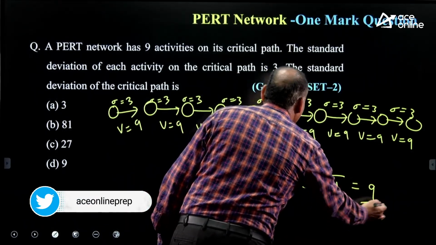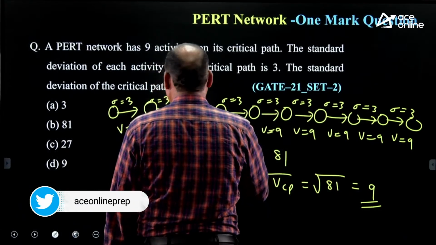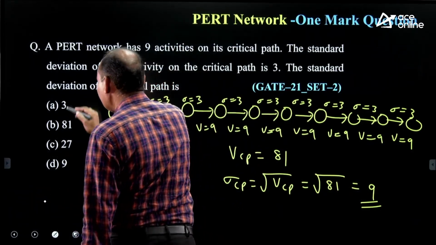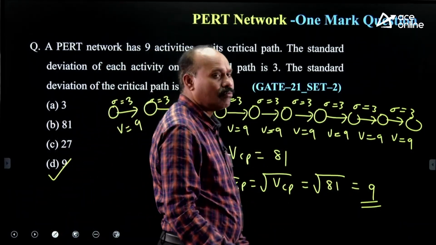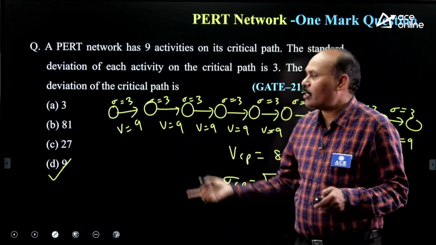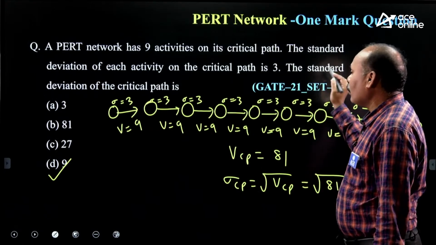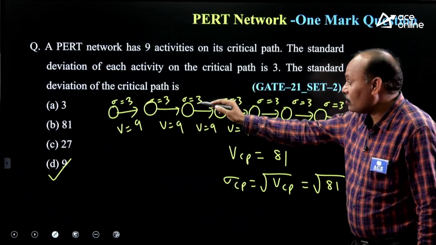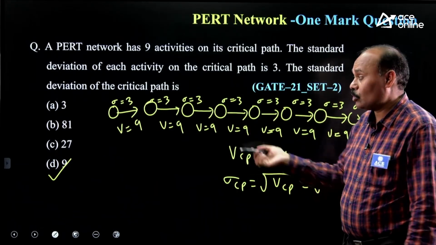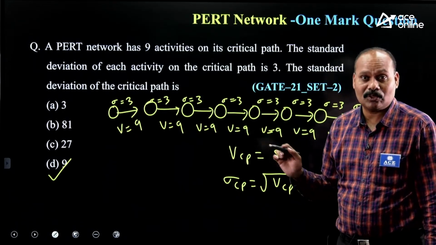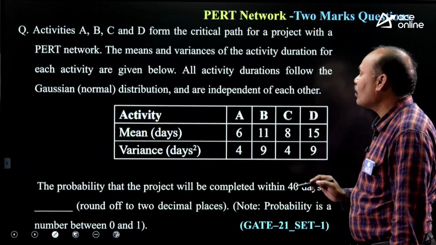How much? 9. So the answer is 9, option D. The only thing is, take the variance and apply the square root. Just take care, don't take 3 into 9, 27. 27 is not the right answer, so don't add standard deviation values.